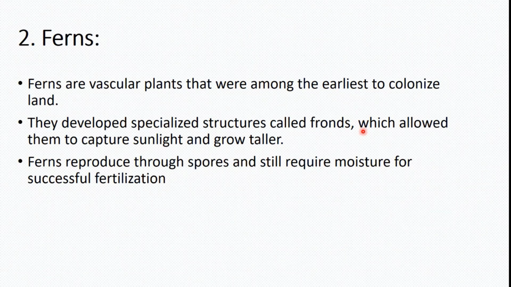The ferns also reproduce through spores and still require moisture for successful fertilization. There's going to be a time where we go through the life cycle of these organisms, in order to see how we can structure them.